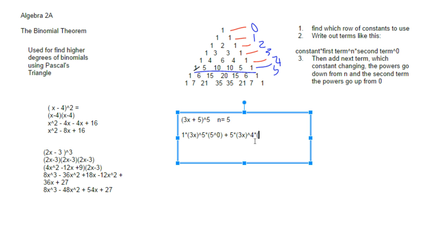And instead of 5 to the 0th power, it's going to be 5 to the 1st. Then we do addition, and the next constant is going to be 10, so it's going to be 10 times 3x. You always want to raise the whole thing, because some people might raise the x to the power and forget to raise the number to the power. So this would be 3x to the 3rd, because we're going down from 5.